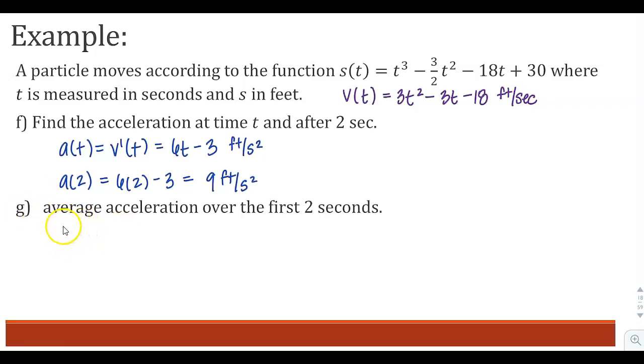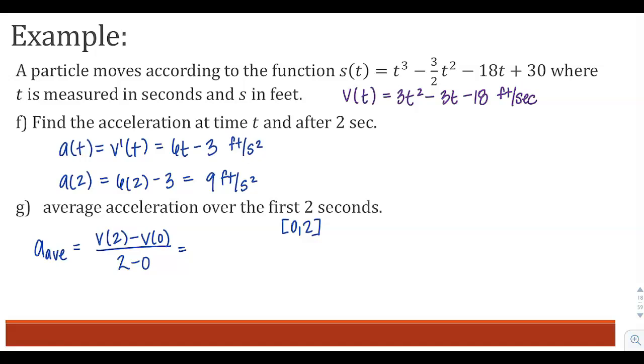And part G, find the average acceleration over the first 2 seconds. Over the first 2 seconds means we're talking about the time interval from 0 to 2 seconds. Average acceleration is the change in velocity over the change in time, so it's v of 2 minus v of 0 over 2 minus 0.